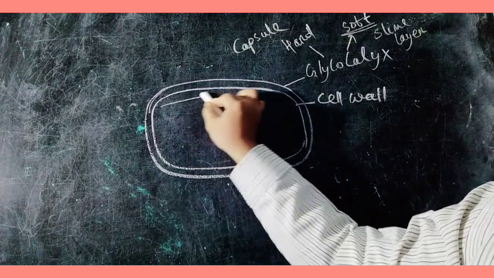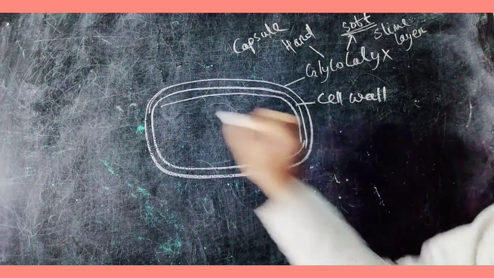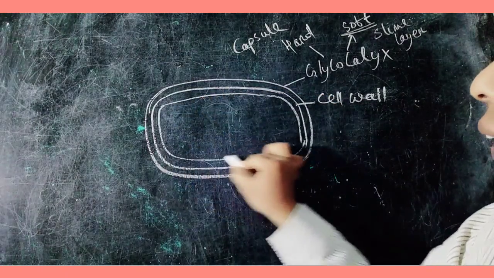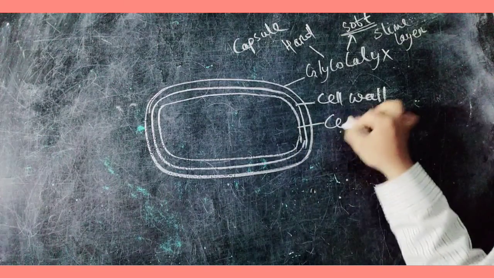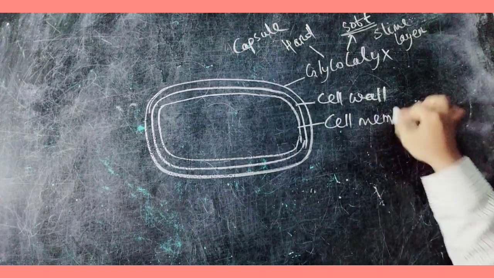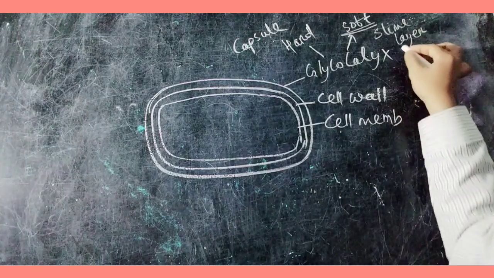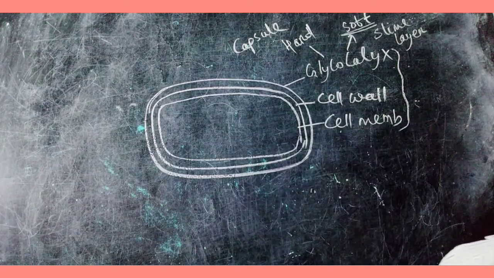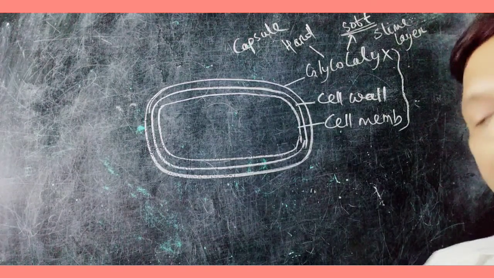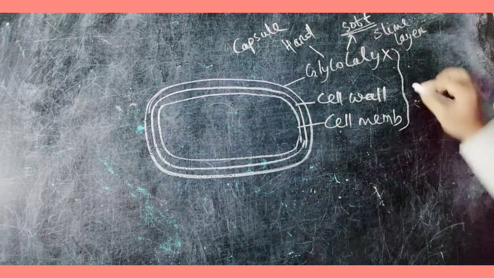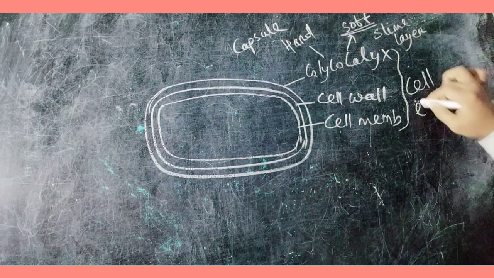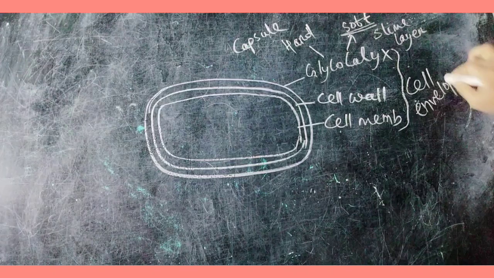Below the cell wall, there is cell membrane. All these three, glycocalyx, cell wall and cell membrane, together produce the cell envelope.